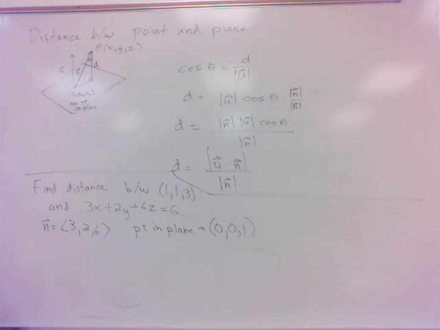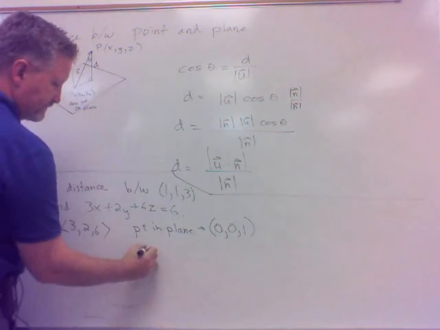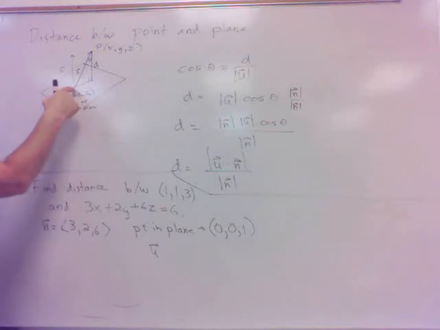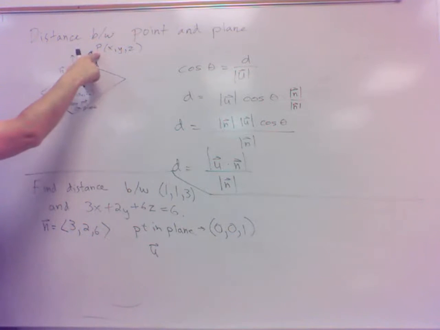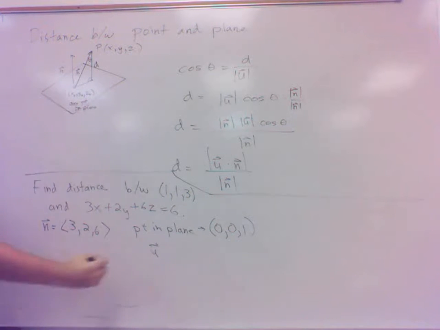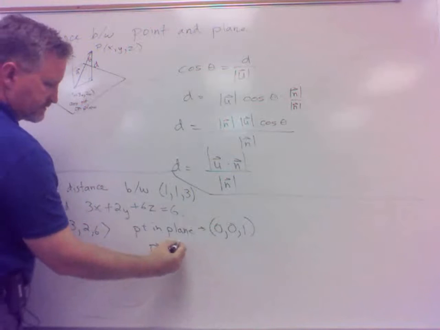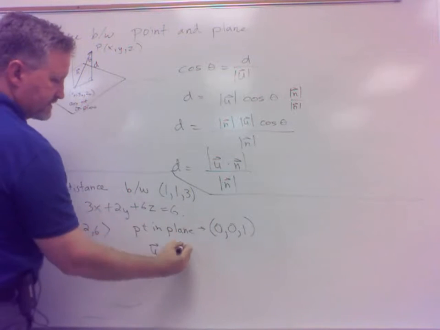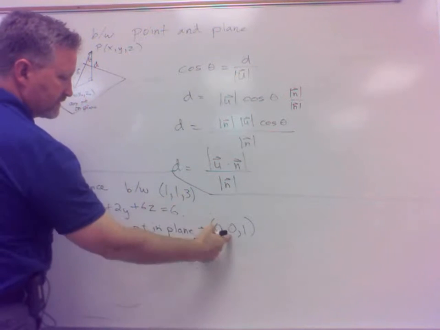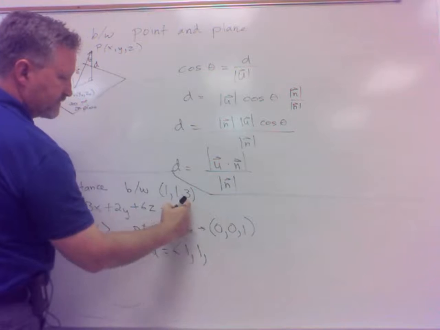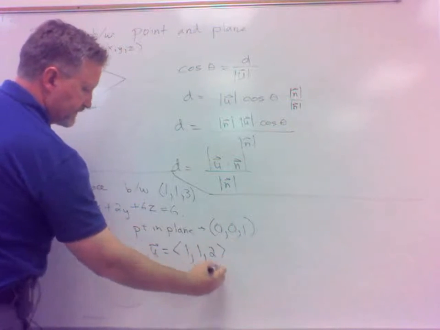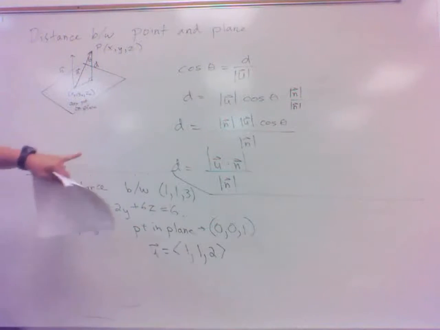Okay. All right, which makes u then from the point on the plane to the point we're trying to find the distance to. And so we're just going to do u, the vector from this to here. So just subtract. So it'd be 1 minus 0, 1 minus 0 again, 3 minus 1 would be 2. So that's our u vector for our distance.